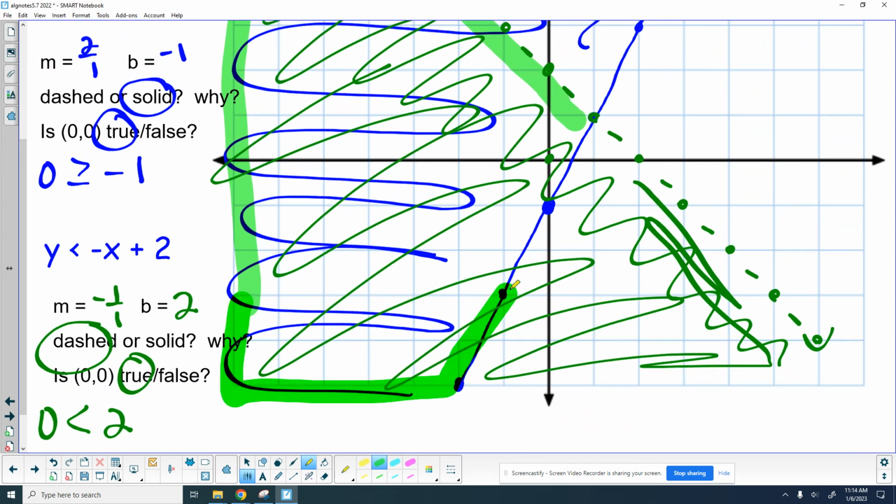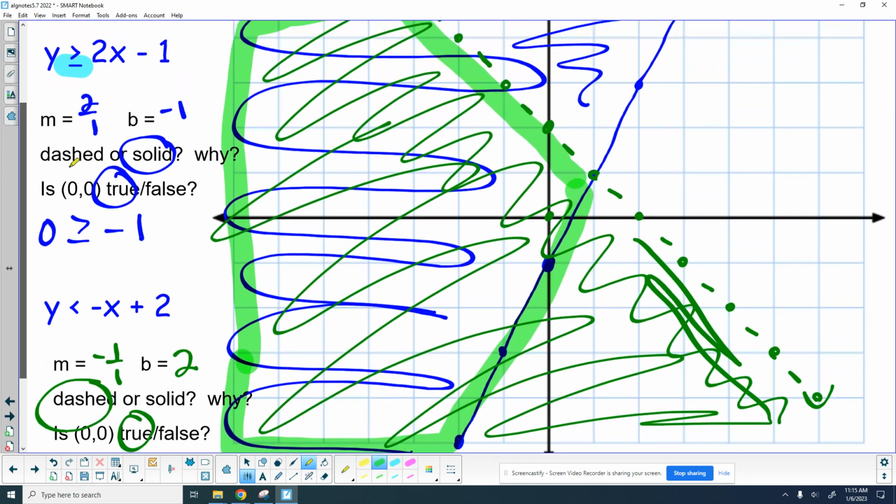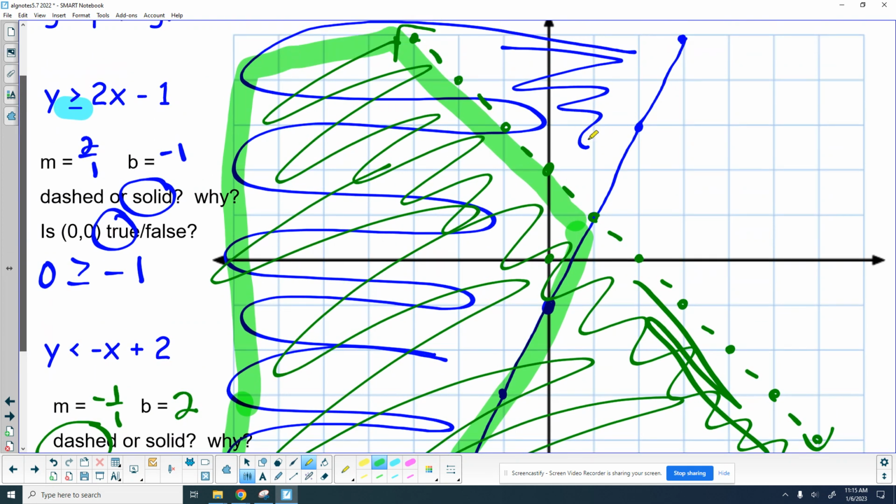And then, yes, this line is included because it's solid. So anything over here in this little shape I've got here, 1, 2, 3, 4, 5, like an irregular pentagon shape, is part of the solution. If it just has blue shading or it just has green shading or there's no shading, that's not part of the solution. So anything in here would be a yes.